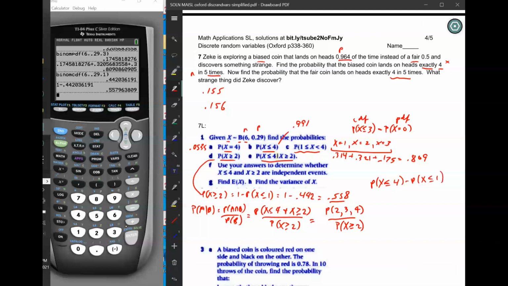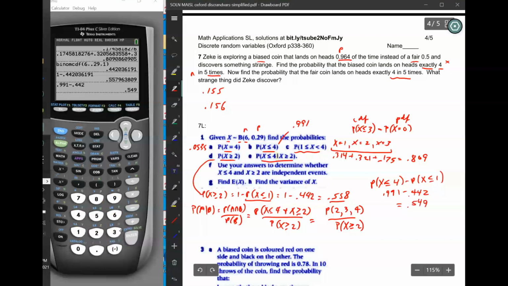Now, did we already calculate these? So less than or equal to 4 would be 0.991. Probability that x is less than or equal to 1, did we calculate that? Well, we used it here, so that would be 0.442. So we could just subtract 0.991 minus 0.442. And that would give us 0.549.